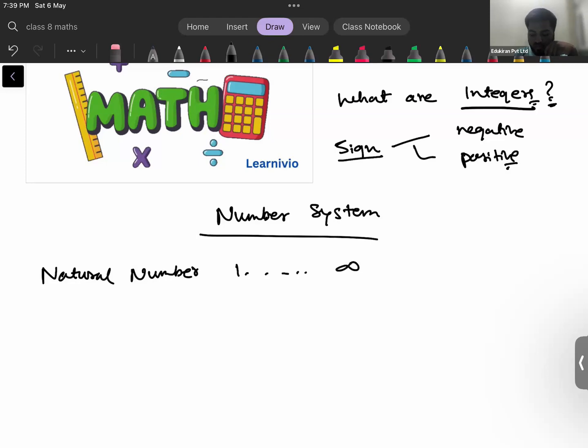What if I add 0 to this collection of natural numbers, like 0, 1, 2, 3, 4, that will continue up to infinity? Then what would you say about this? Whole numbers, sir.